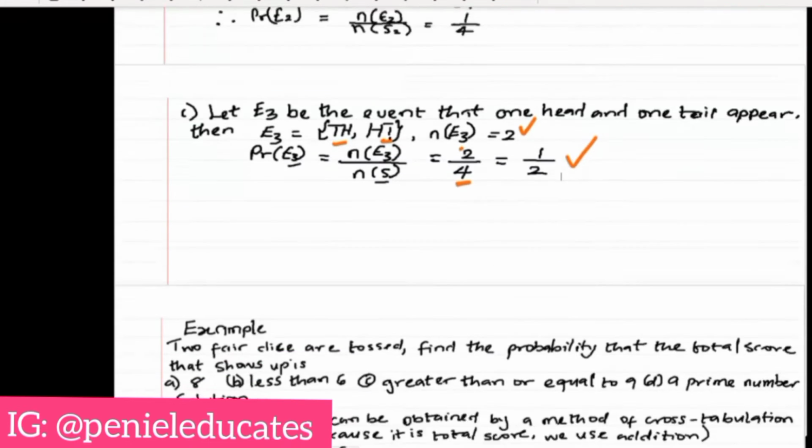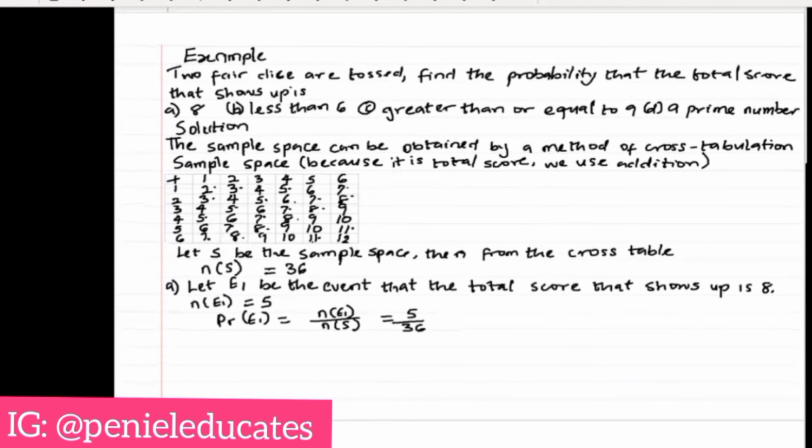All right, let's look at another example. We have 2 fair dice tossed, and we should find the probability that the total score that shows up is 8, the probability that the total score is less than 6, greater than or equal to 9, and the probability that a prime number occurs.